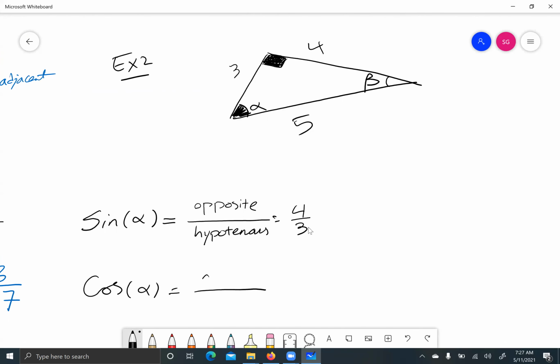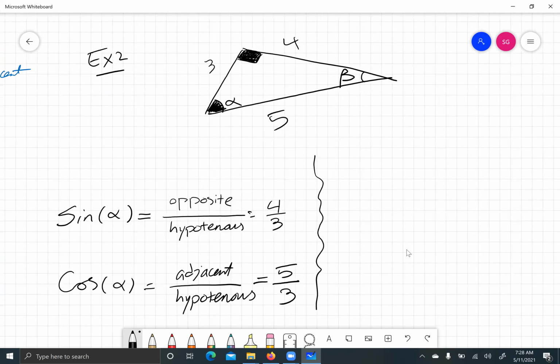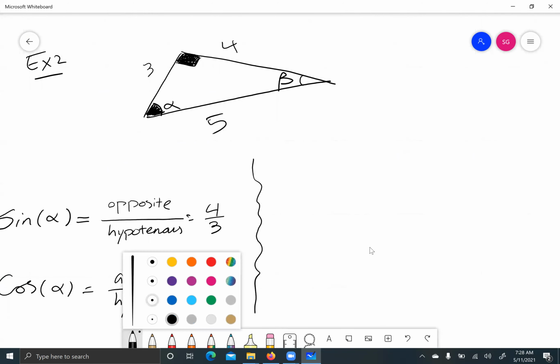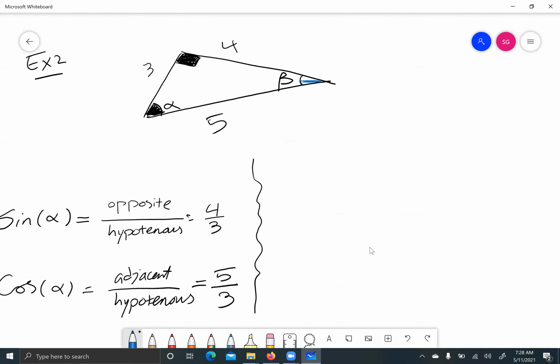And the cosine is adjacent over hypotenuse. And in terms of alpha, adjacent is 5, and hypotenuse is 3. Now let's do it for beta. This is beta.